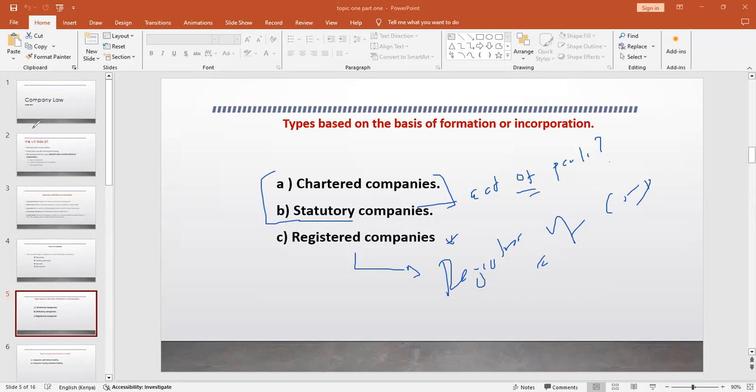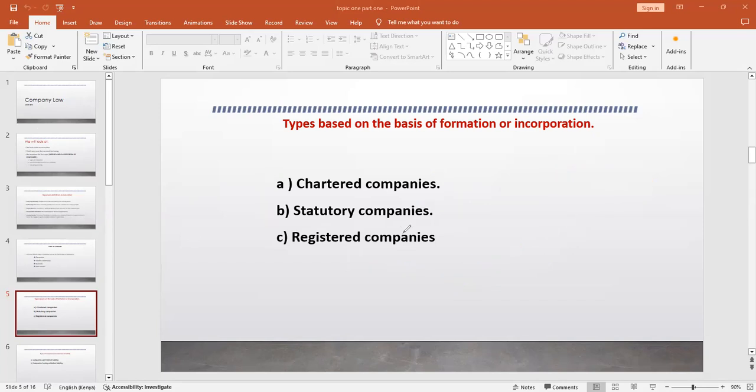So in this case, you're looking at companies in relation to how they are formed. That's one way to classify companies. Any question up to that part?